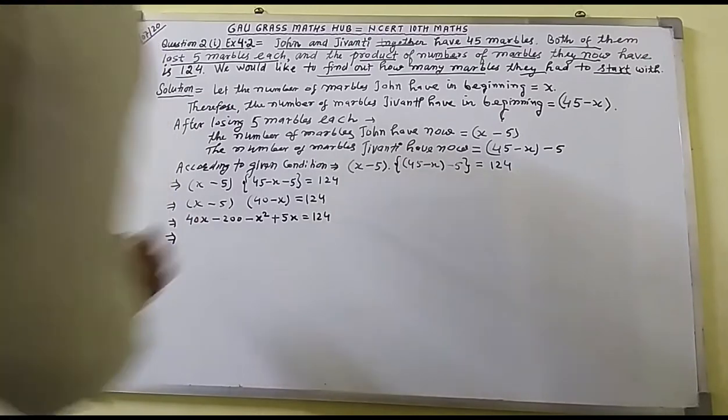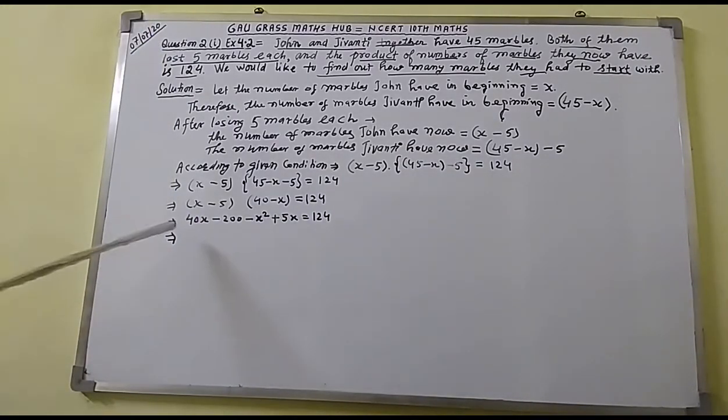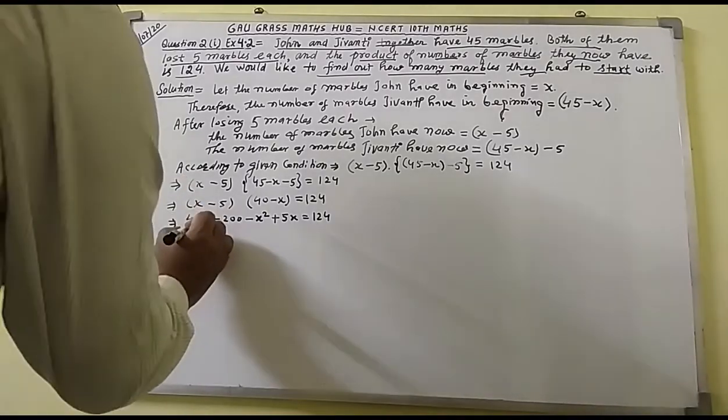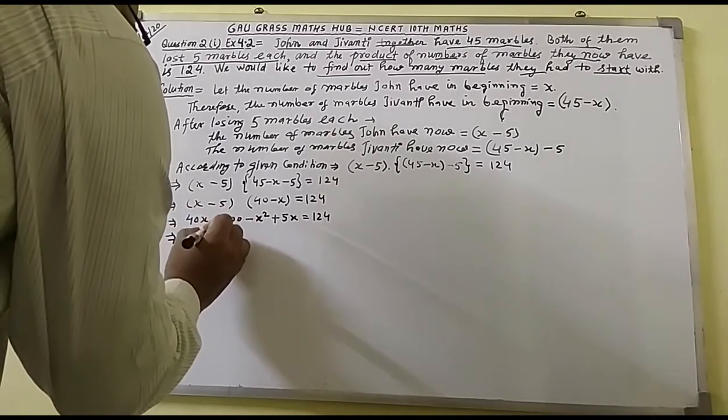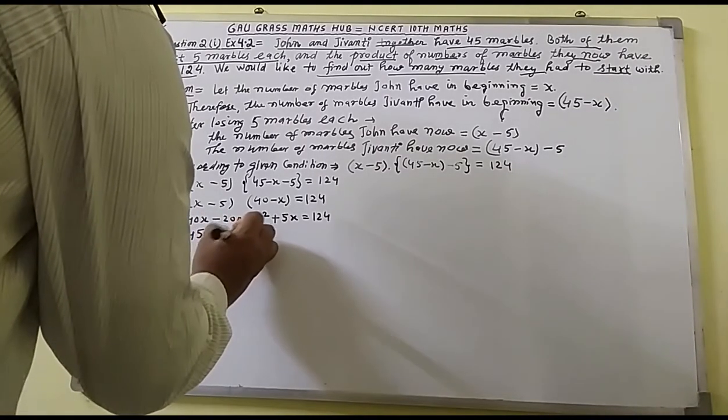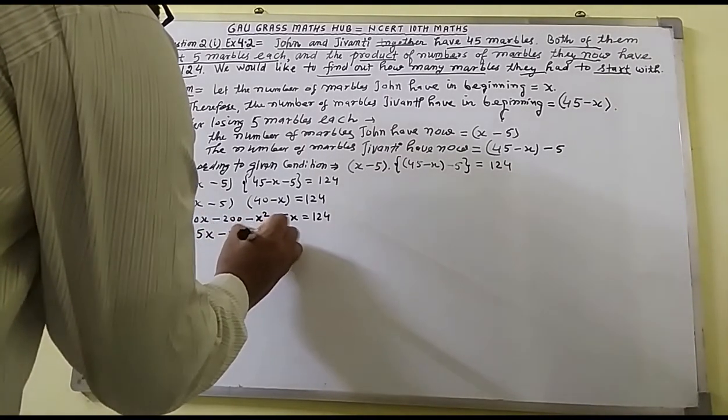Now simplify further. Here you can see 40x and plus 5x are like terms. Like terms will be added together. Here you will get 45x minus x square minus 200.